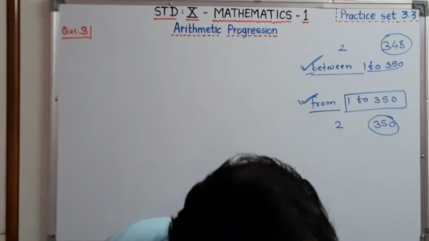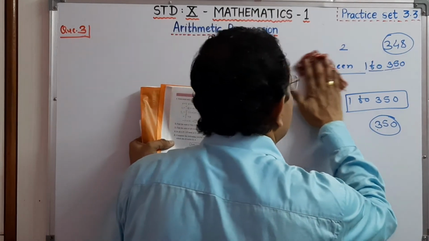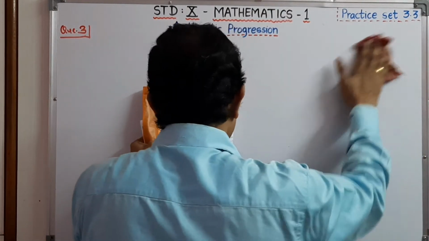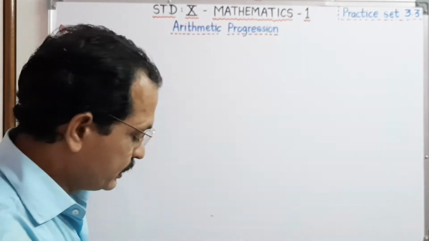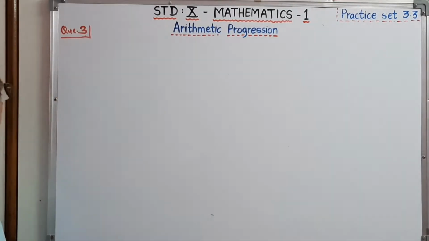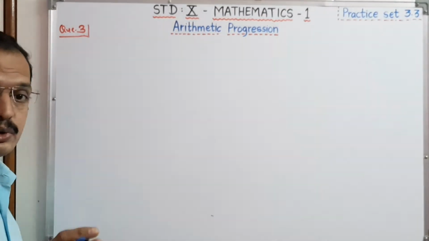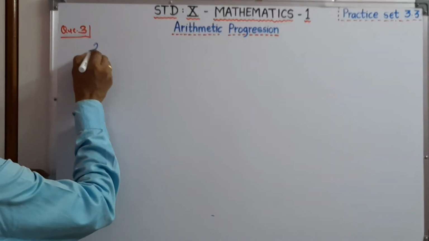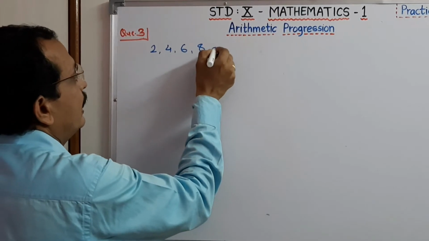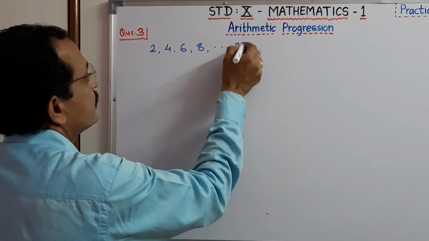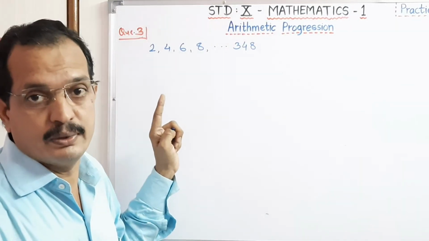Now see, the question is, find the sum of all even numbers between 1 to 350. Dear student, between 1 to 350, the even natural numbers are 2, 4, 6, 8 and the last is 348 because the word is between.